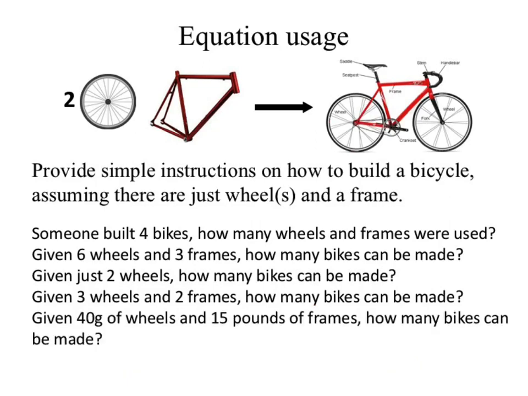40 grams of wheels and 15 pounds of frames. How many bikes can I make? 7. We don't know the weight of the wheels or the weight of the frames. Okay? This is a super common question that shows up on most chemical equations. And people start going through and saying, well, 40 grams of wheels means I could make 20 bikes, because it's a 2-to-1 ratio, right? 2-to-1 ratio of what?